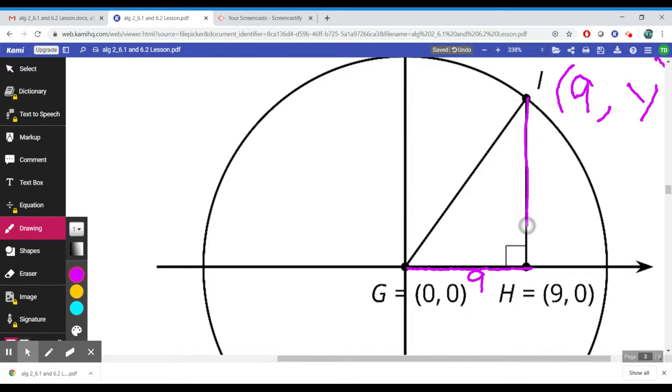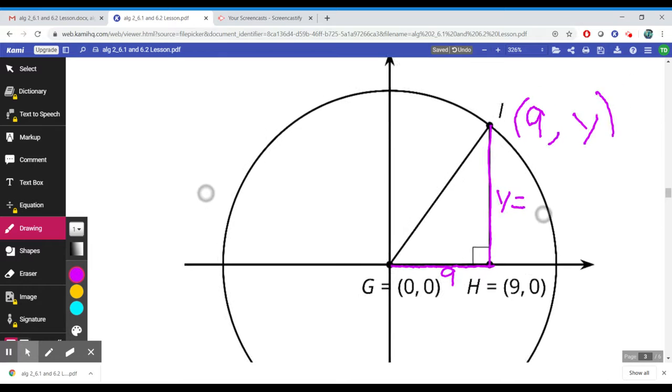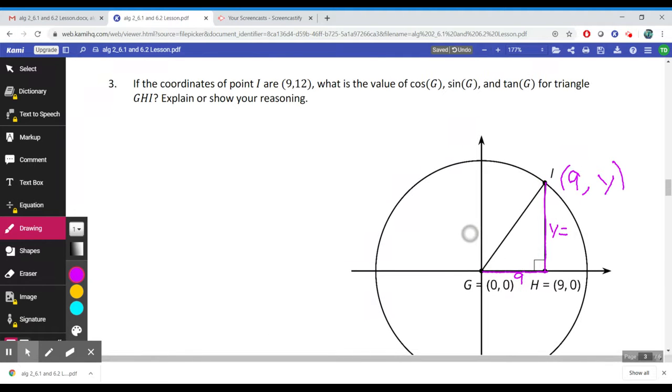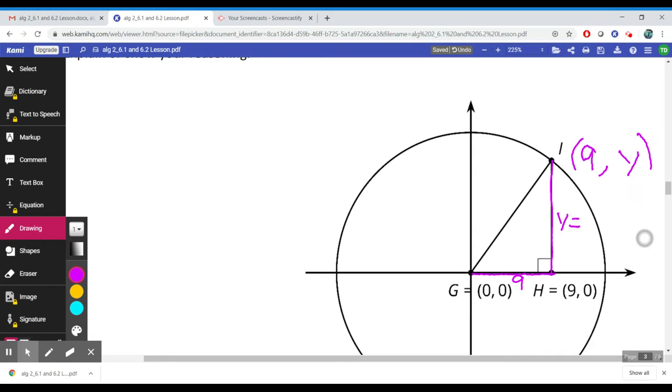In other words, what is the value of y? Thankfully, it tells us in the prompt that the coordinates of point I are 9, 12. So I can go back and rewrite this as 9, 12. Because we're moving straight up, that means that this distance is also 12.